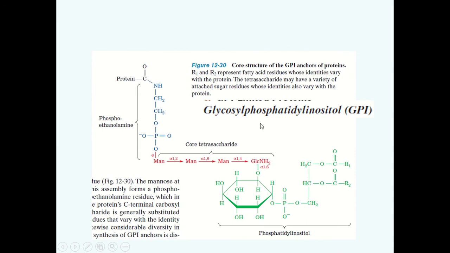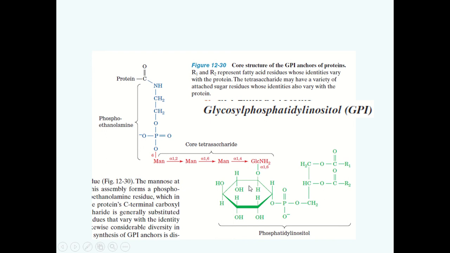The other type of lipid anchors are called glycosyl phosphatidylinositol. This portion shown in green color is phosphatidylinositol. This is a glycerol, carbon number 1, carbon 2, carbon 3, and these are two fatty acids attached to glycerol. This is a phosphate linked to the third carbon of glycerol, to which an inositol is attached. So this is a phospholipid, phosphatidylinositol.